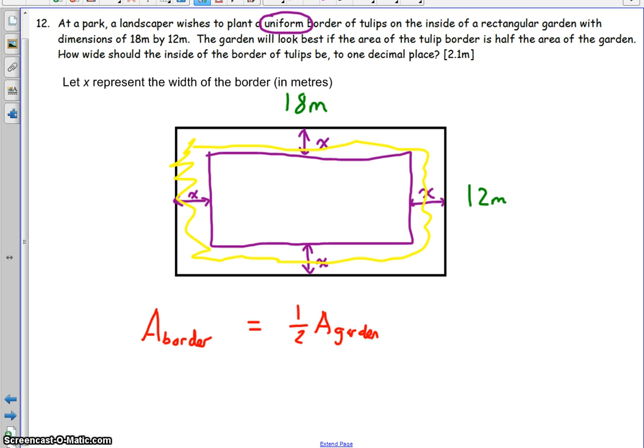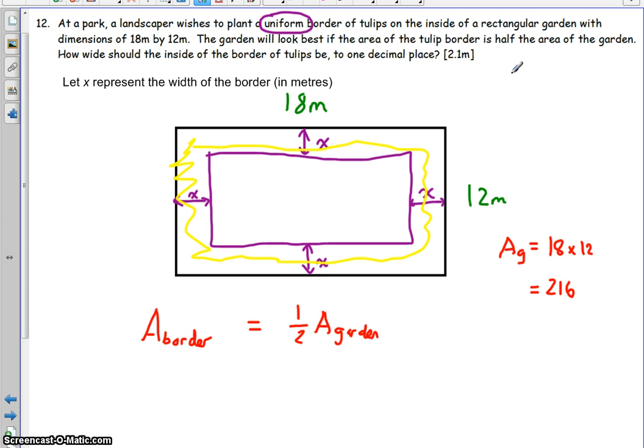Now, for starters, let's work with the area of the garden. That's a little bit easier. Okay, so the area of the garden is just going to be 18 by 12. So let's call that AG for area of the garden, and it's going to be 18 meters by 12 meters, which when we simplify is going to be 216 square meters. Okay, so that part we know.